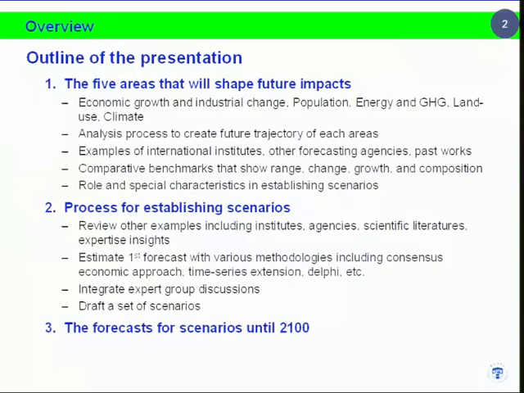Basically, establishing scenarios, especially for the very, very longer term, we need a lot of data and a lot of works, a lot of research papers from other legitimate and important and very excellent institutes. So we collect a lot of basic and important scientific literature and expertise, opinions, things like that. And secondly, we try to establish a very rough picture of those 5 factors.